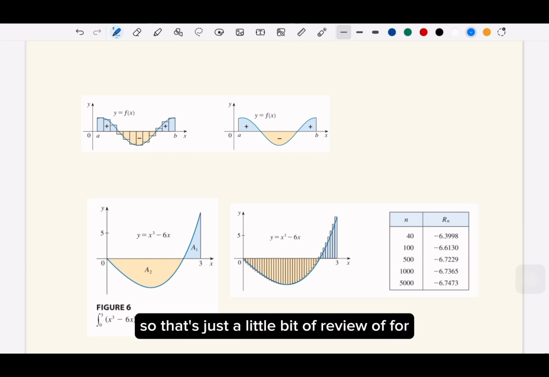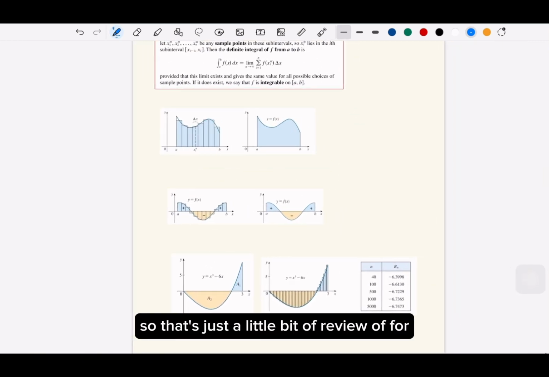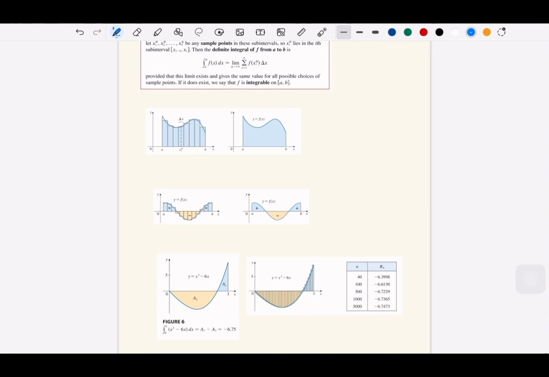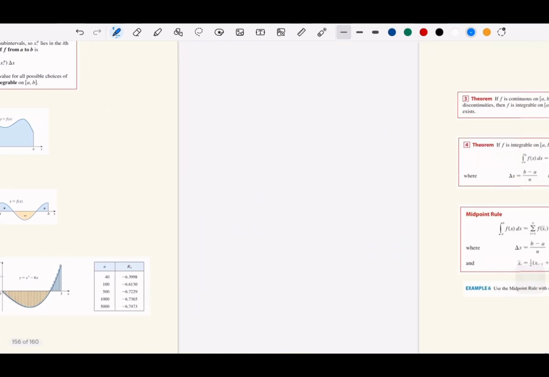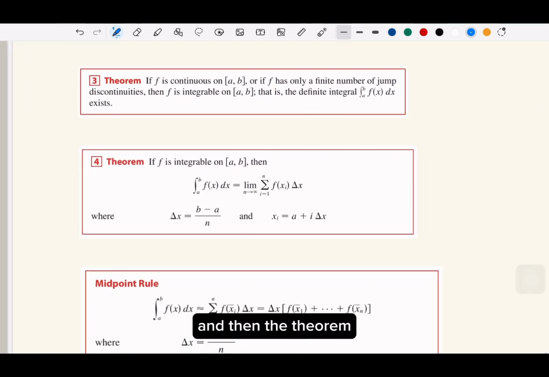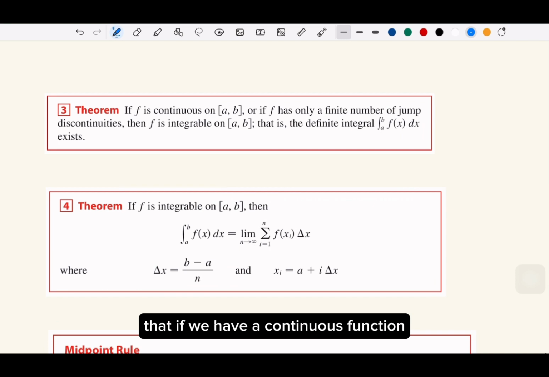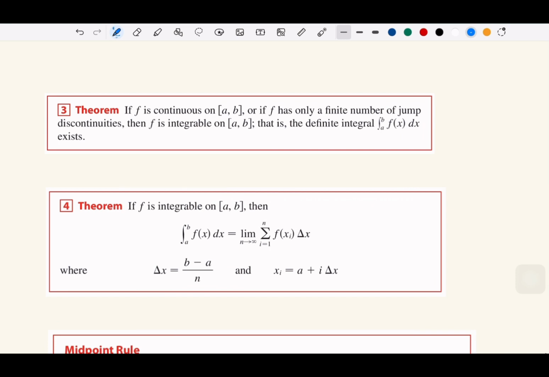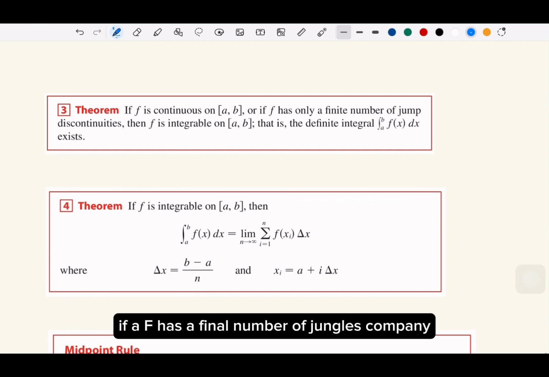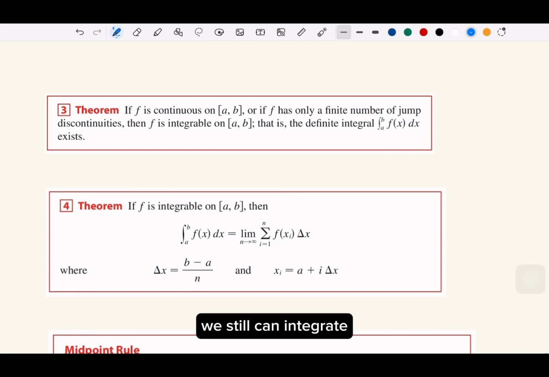So that's just a little bit of review of what we have discussed. And then the theorem: if we have a continuous function, and if f has a finite number of jump discontinuities, we still can integrate, and we say that f is integrable on the interval [a, b].